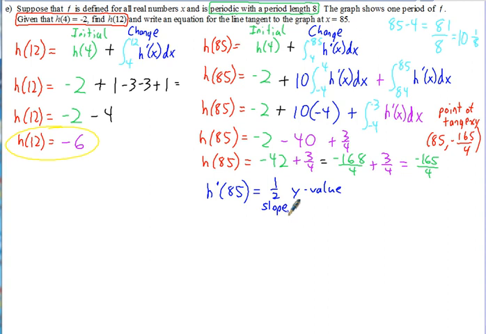Okay? And that's all we need. So now we can write down our tangent line. Y minus the y coordinate, which is negative 165 over 4, so the negatives cancel out, which is plus 165 over 4, equals, the slope was 1/2, times x minus the x coordinate.